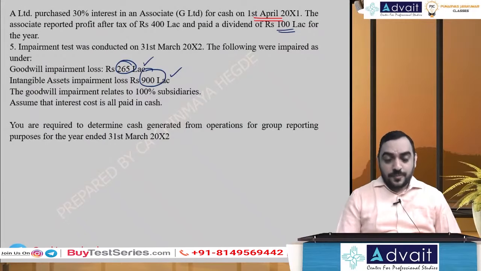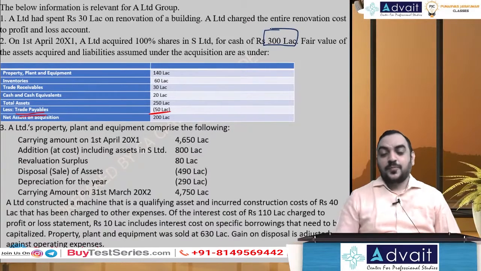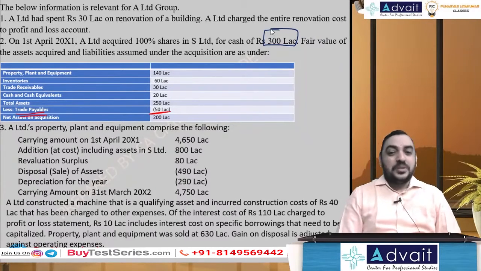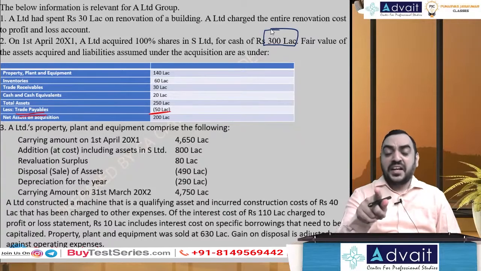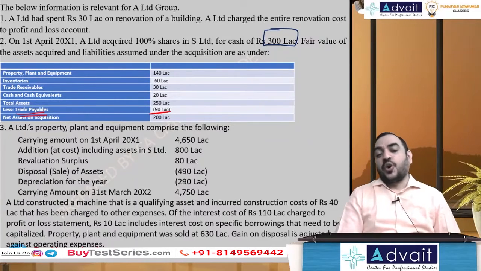You paid, how much you paid? 300 lakhs. Here is one more interesting point. Now, please tell me, 300 lakhs is outflow or inflow? Please tell me. 300 lakhs for the company, is it outflow or is it inflow?